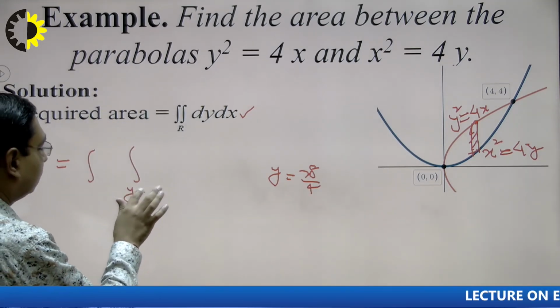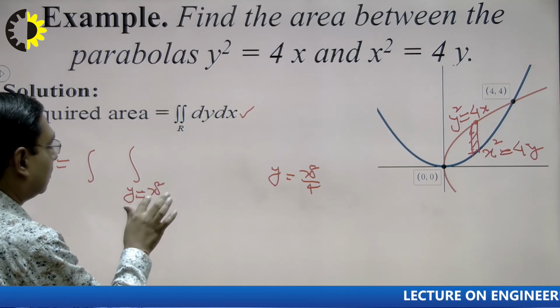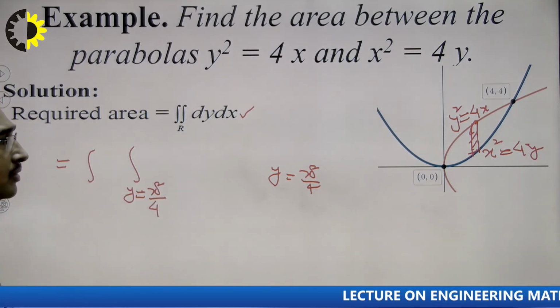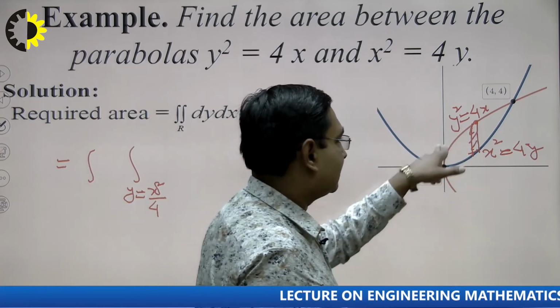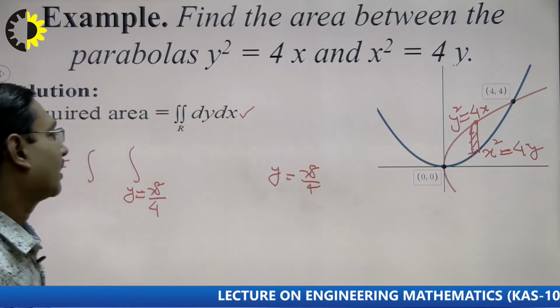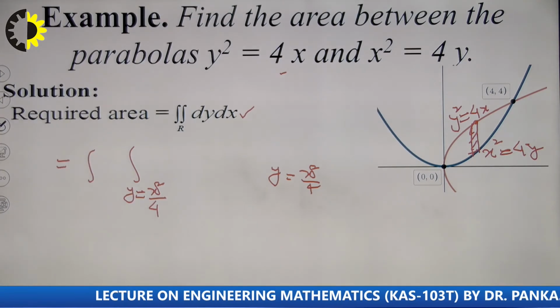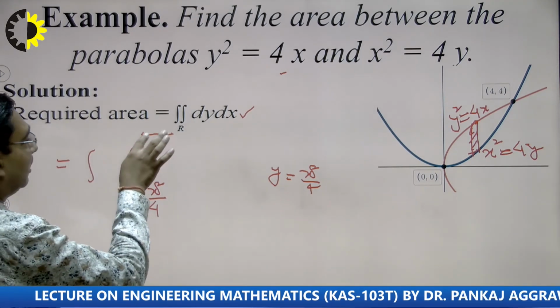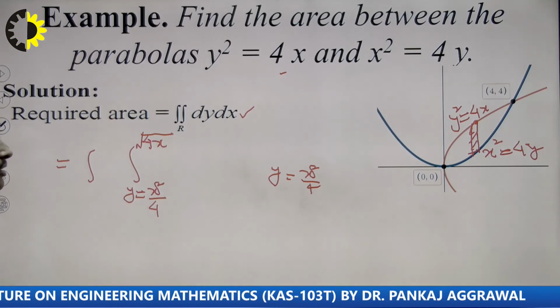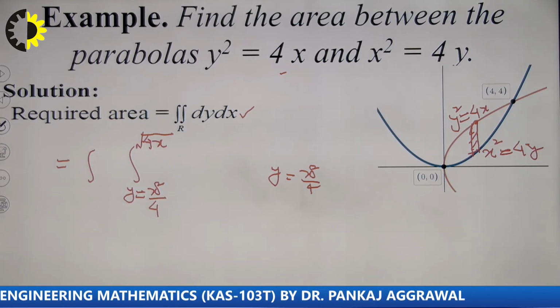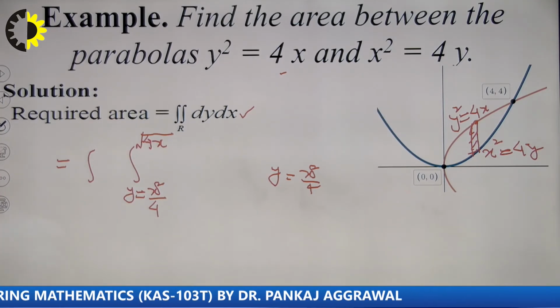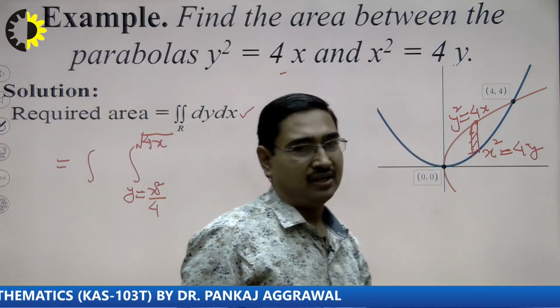lower limit of y. The highest point of the slice lies on this parabola. Its equation is y square equal to 4x. The value of y obtained from here will be root 4x. Now limits of x will be calculated using extreme points.